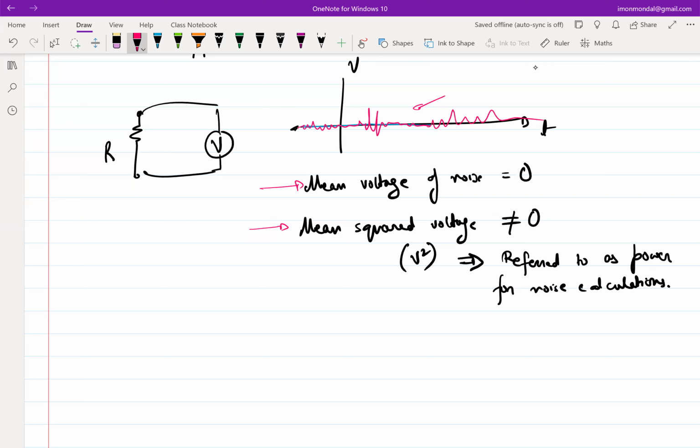You are going to get a completely different waveform, which is uncorrelated to this. Maybe the second iteration you do, you're going to get something like this. There's no relation between the waveform on the top and the bottom, but you again do this mean and mean squared. Again, you are going to get mean to be 0, and surprisingly, the mean square that you are going to get will be exactly the same as the mean square that you got yesterday, provided you have observed it for an infinitely long period of time, which is not possible, which means you are going to get close enough, right?